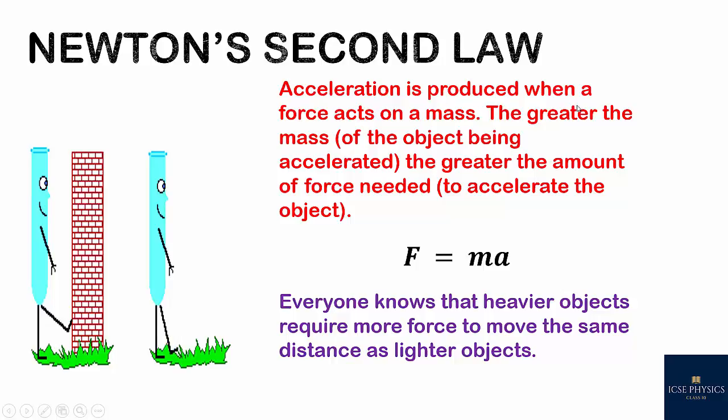So the greater the mass of the object being accelerated, the greater the amount of force needed to accelerate the object. Here the 5 Newton force was able to move the ball and accelerate it, but 5 Newton force could not even break the wall. So greater mass, greater force is required to accelerate. So this is Newton's second law.